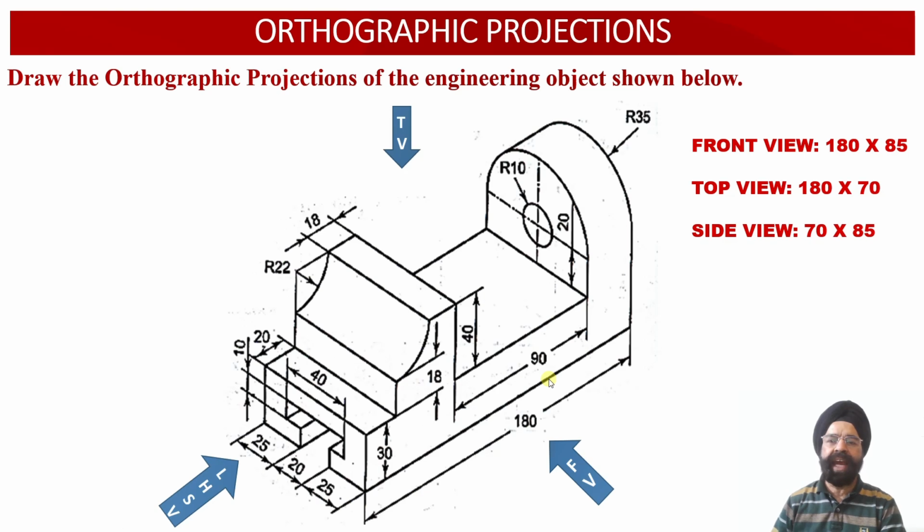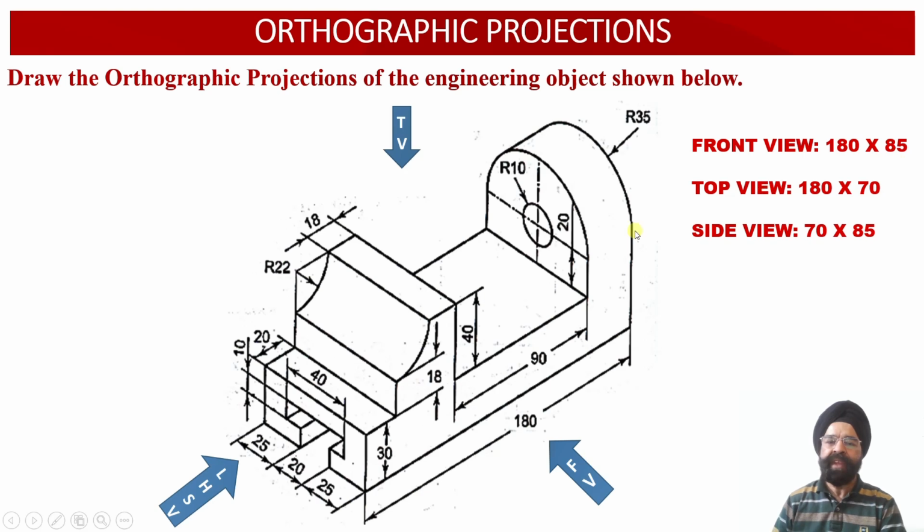So we observe that the two segments of the solid, one onto the left hand side and another onto the right hand side, do not have equal height. So the front view face of the solid will have the dimensions 180 millimeter width and 85 millimeter height.